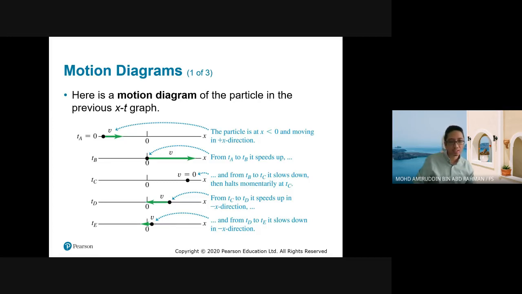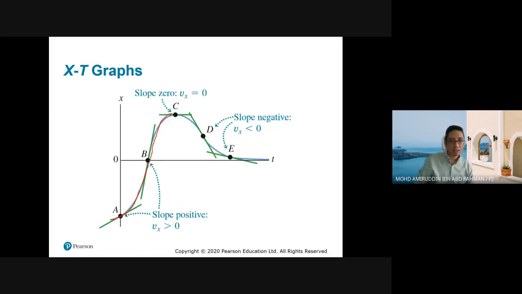So you can see that the direction of the velocity changes, and then it decreases faster until it reaches point E, where x is 0.